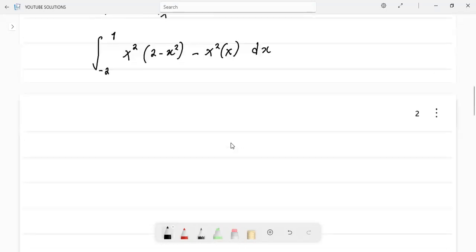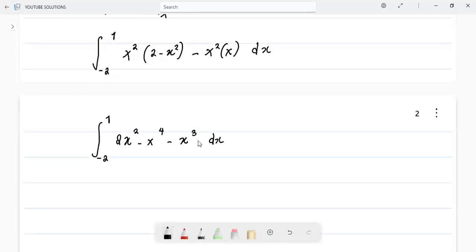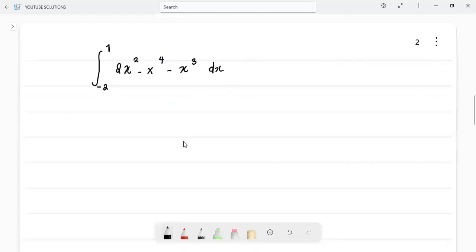Okay, so let us expand. The expansion of that, we have negative 2 to positive 1 of 2x squared minus x to the power 4, and then minus x to the power 3 dx. Okay, let's integrate with respect to x. Negative 2 to 1.